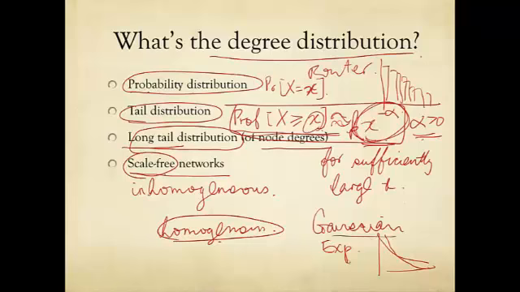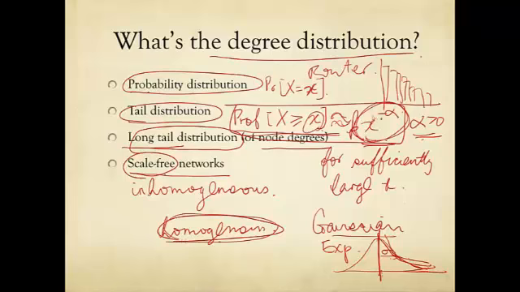For example, for the Gaussian distribution, the scale is determined basically by the mean and the standard deviation. It is not easy to get a node with a degree that is many standard deviations away from the mean. So that's why we call that a homogeneous network.